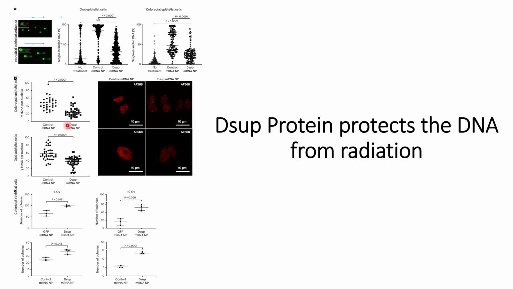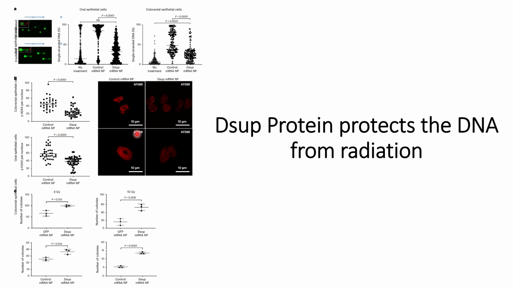In this case, when the cells are transfected with the Dsup mRNAs, they are able to see less signal for this gamma H2AX for both colorectal epithelial cells and oral epithelial cells, indicating that the Dsup proteins cover this DNA, and thereby prevent any further effect from other dyes or other external things that are trying to impact this DNA.